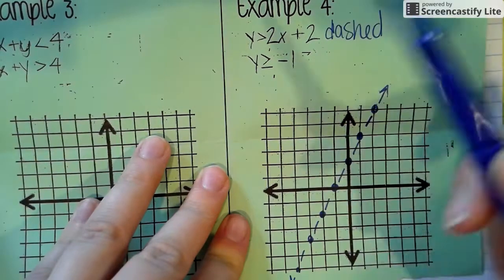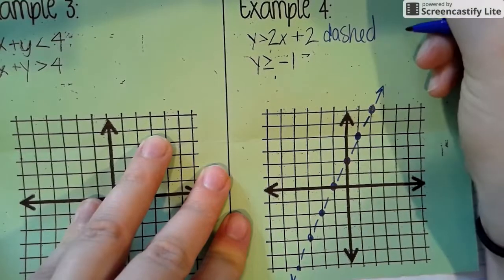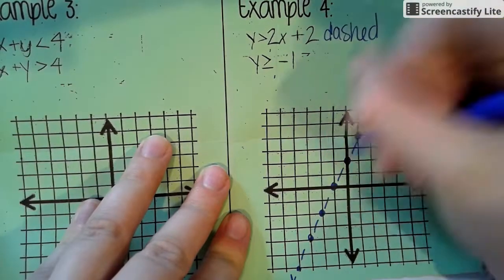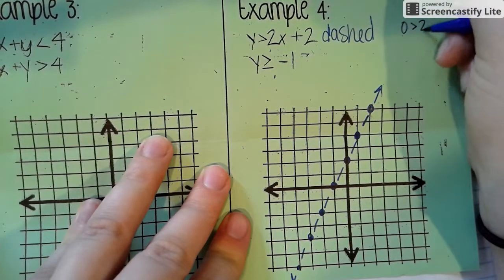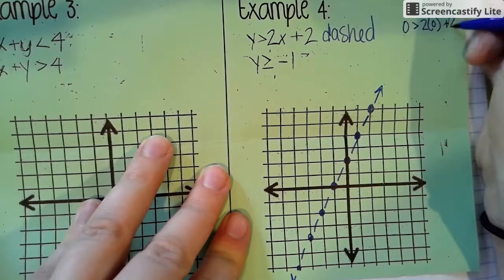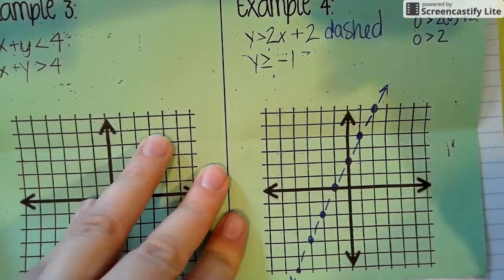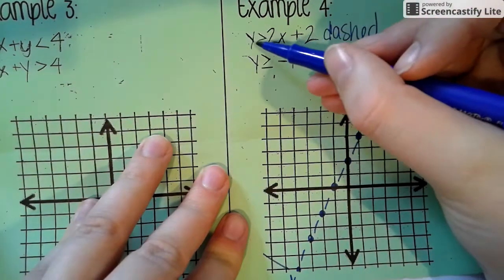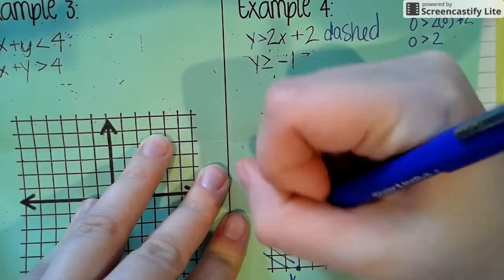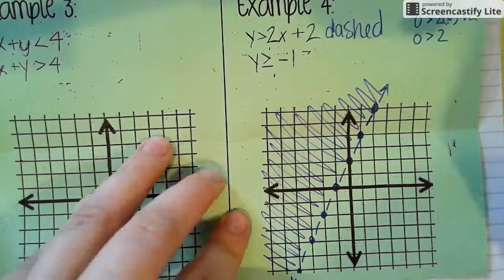Now I want greater than, and if I wanted to, I could try a point to see if it works. Let me try 0, 0 because it's on the left or right of the line. So 0 is greater than 2 times 0 plus 2. So is 0 greater than 2? That is false. So you shade on the opposite side of 0, 0, or you notice that it's greater than, so you shade above the line. So now I shaded above.